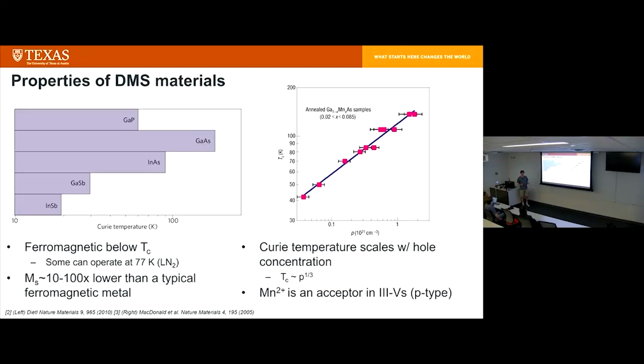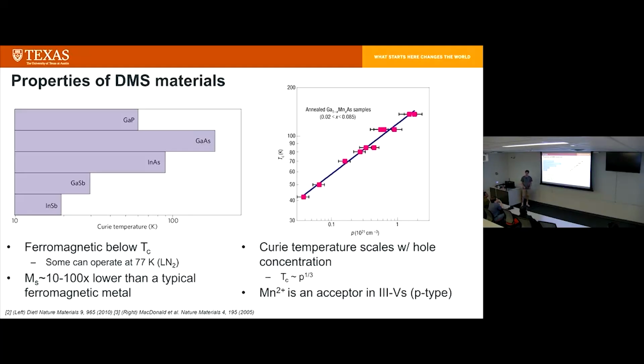So for the most part, we're limited to operating our devices near liquid nitrogen, for example, at 77 Kelvin. And they have typically a saturation magnetization that's in the range of 10 to 100 times lower than typical ferromagnetic metal.